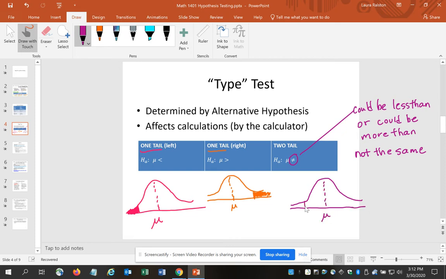And so we're thinking it could be less, so there'd be a region on the left side or below the mean, or it could be more, which means you have this region on the right side. So you have two different options because it could be less or it could be more. Hence the term two-tailed. And so you need to be able to make that decision early in the process because it's going to affect your calculations. I know in the calculator you have to enter which type test you have, and also in the free website.